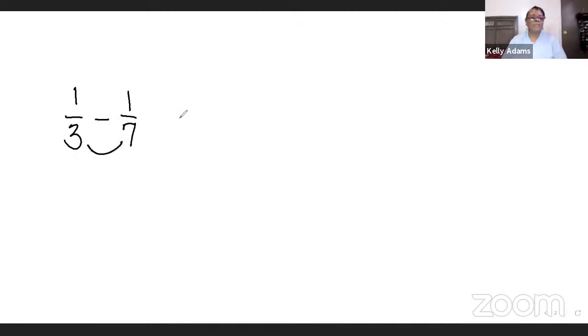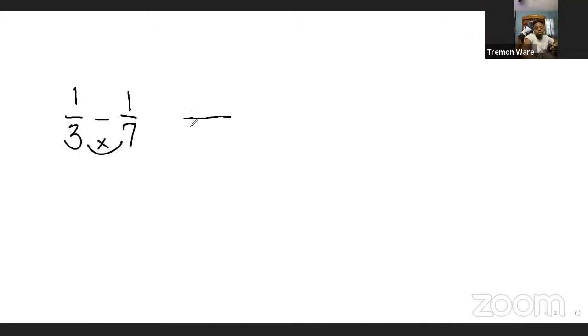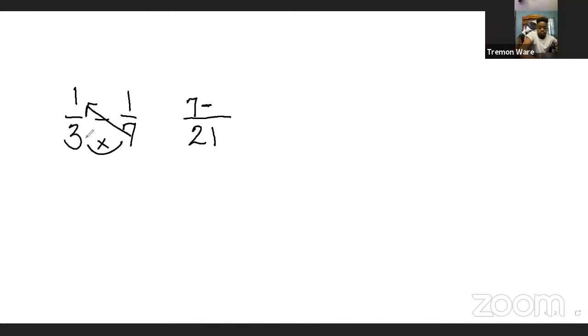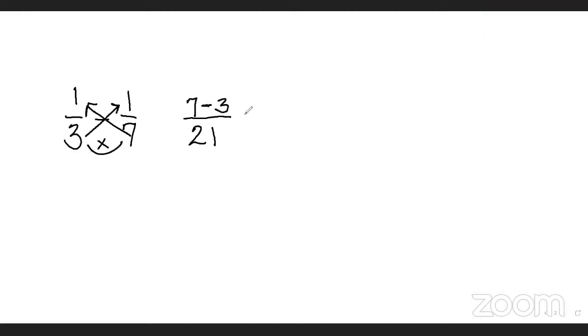Multiplying 3 times 7, which is 21. Now 7 times 1 is 7, minus 3 times 1, which is 3.